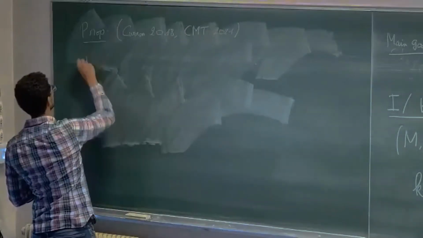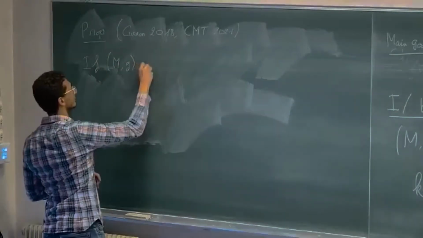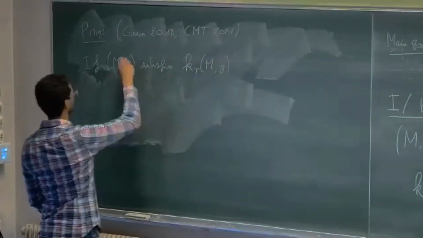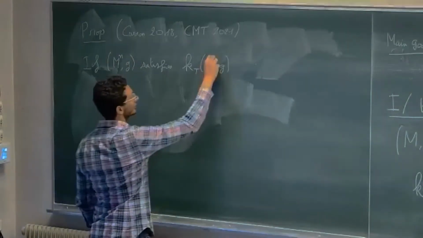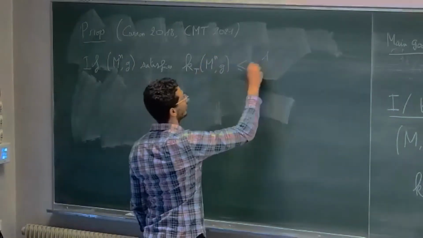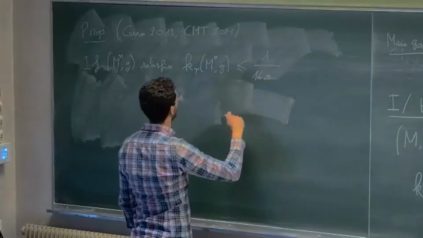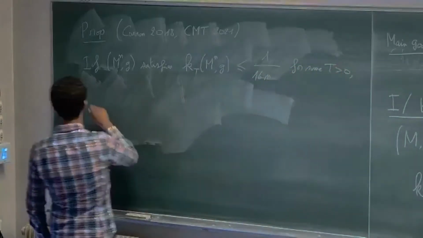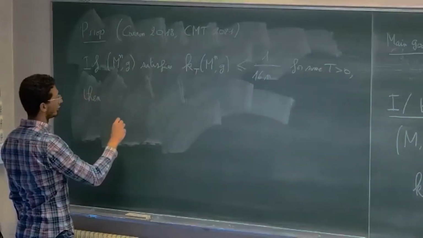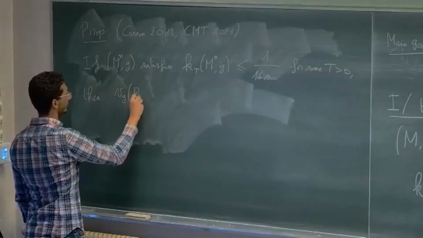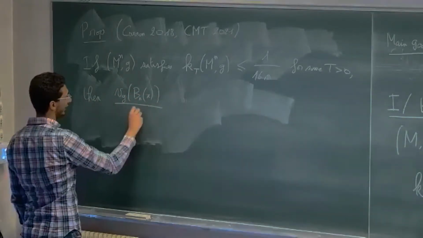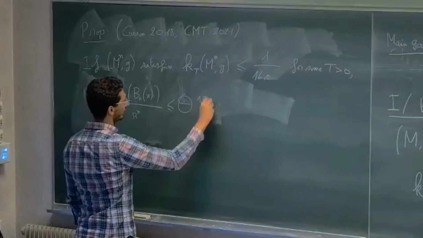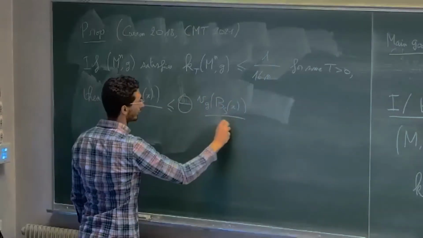Suppose M satisfies the following: K_T(M), and here it is important to take the dimension of the manifold into account, is lower than 1/(16n) for some T. Then we have the following: the volume of the ball B(x,r) divided by r to the power n is lower than some constant theta times the volume of the ball B(x,s) divided by s to the power n.